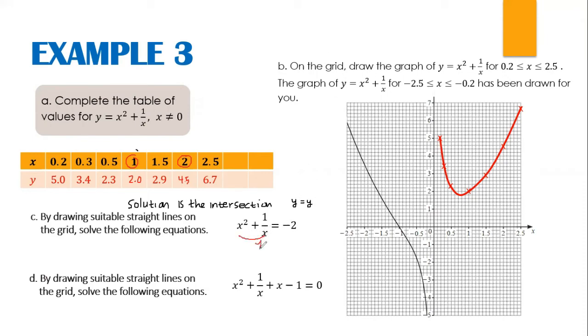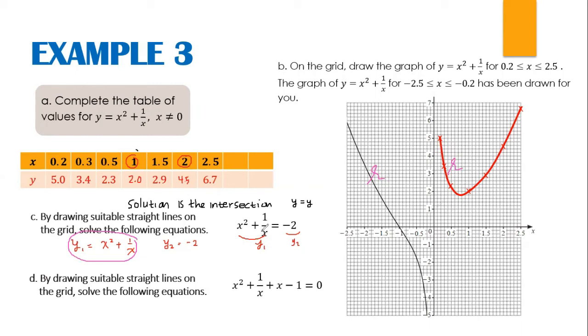This is the first y, and this one is the second y, right? So the first y is x squared plus 1 over x, and the second y is minus 2. That's very easy. I think y equals x squared plus 1 over x is already done. This is the function.